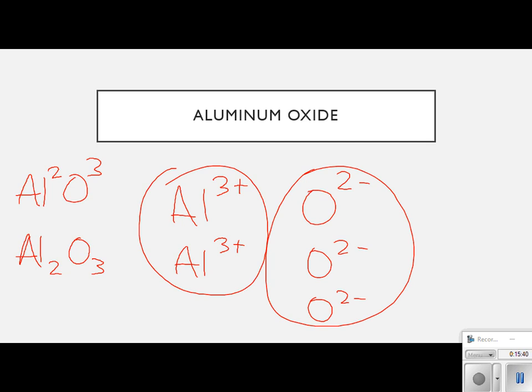When I look at that, those are where charges go. Superscripts are where charges go. Subscripts are the number of atoms. So make sure that you don't do that.